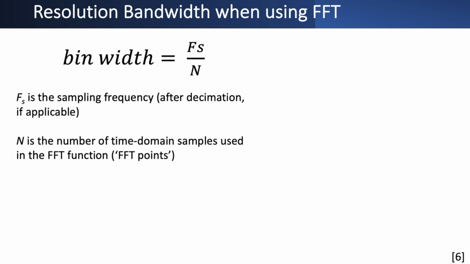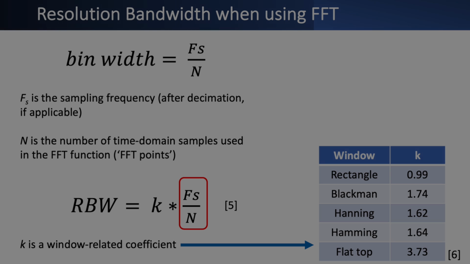And then the N parameter is the number of time domain samples used in the FFT function, often referred to as the FFT points, like 64K FFT points, 128K FFT points or 2 mega FFT points. Also here it's important to know the number of points actually used for the FFT analysis, and not just the maximum that the device can handle.